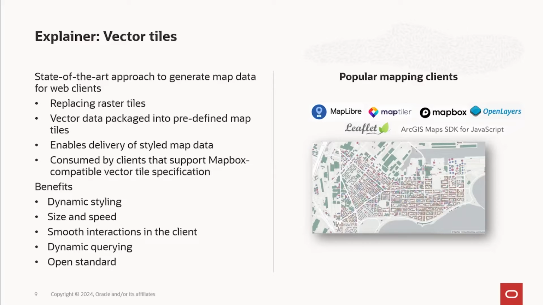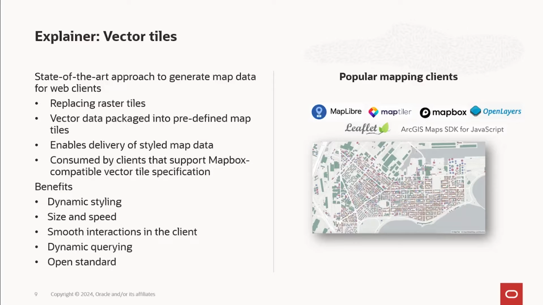In this case you generate vectors, but you generate them in tiles, and the great advantage is you can, first of all, combine data, including the attributes, with style data, and then transport that information to the client in a very efficient manner.